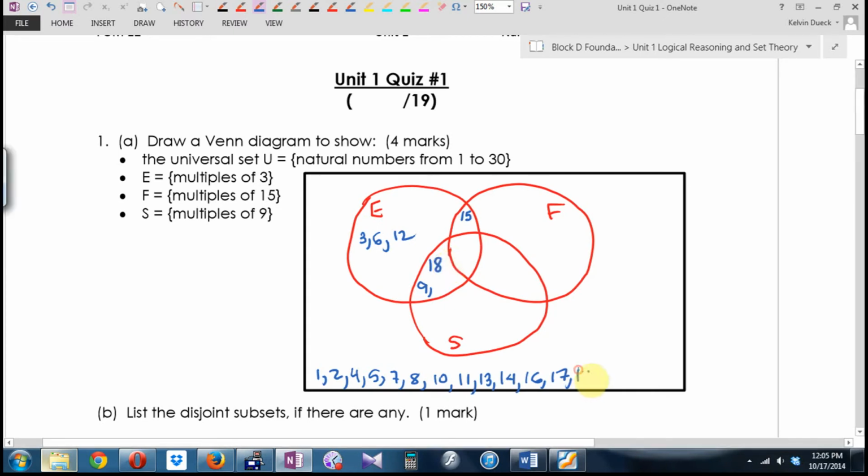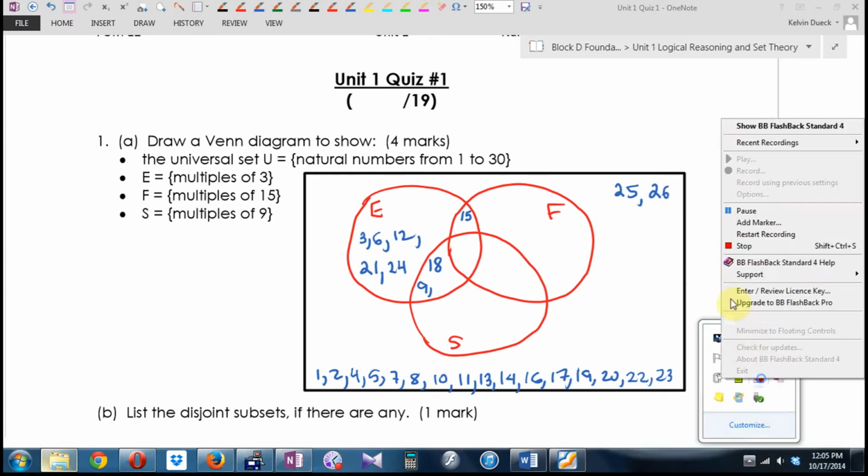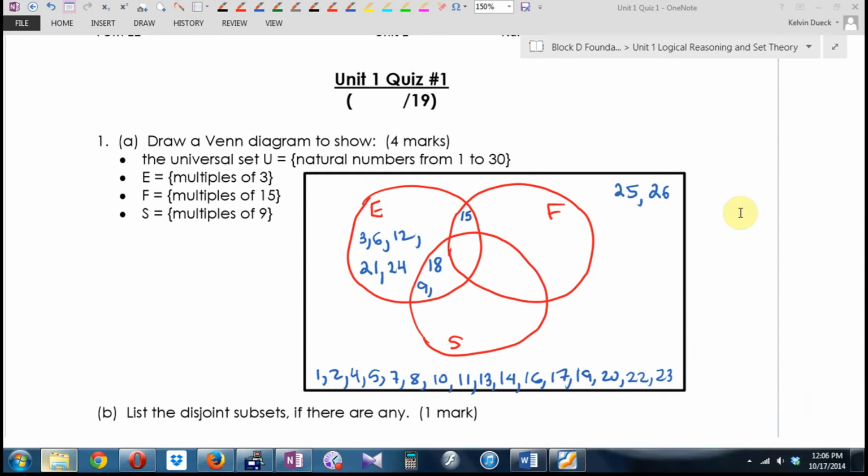Then we have 19, 20, 21, I think is just going to go in this section because 15 and 9 don't go into it. 22, 23, oh heck, 24. 24 is going to go in this section right here. 25, 26, 27, I have to be careful. 27, I think, is going to go right here.